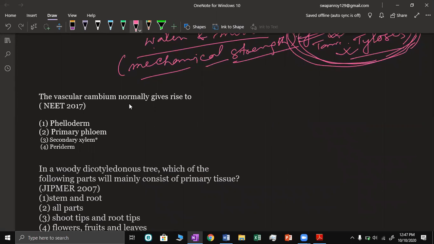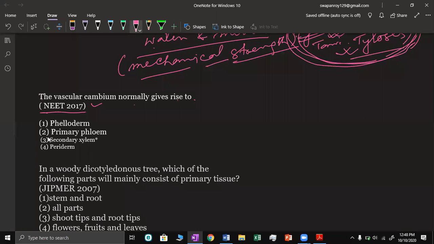The vascular cambium normally gives rise to, say this is NEET 17 again. The vascular cambium normally gives rise to what? Vascular cambium gives rise to the secondary phloem and secondary xylem.